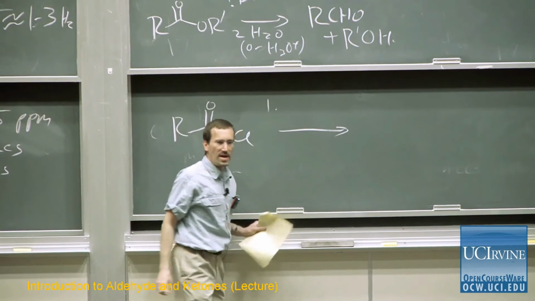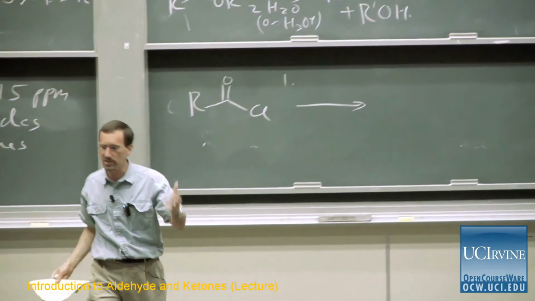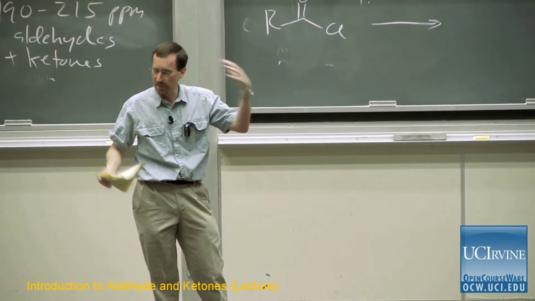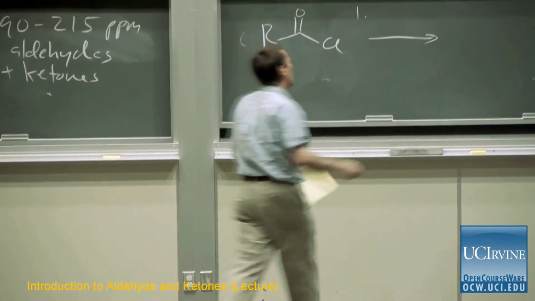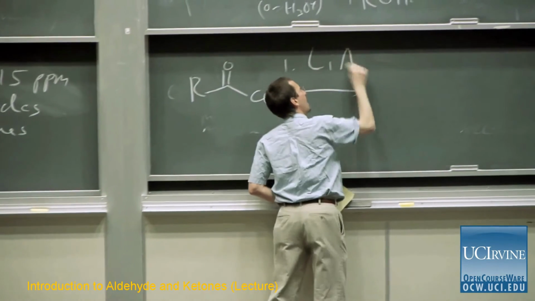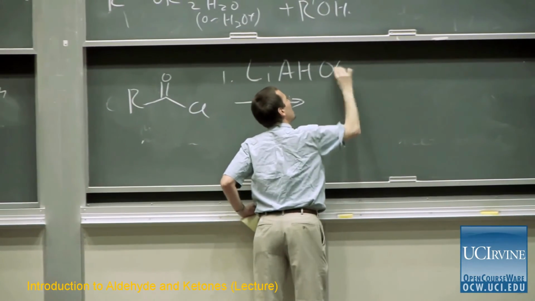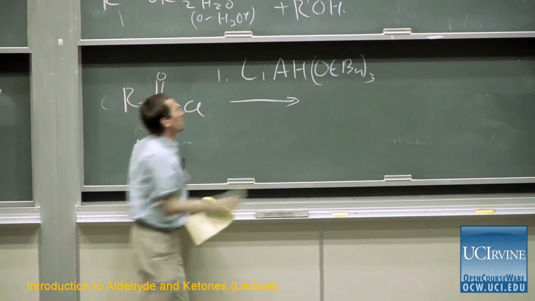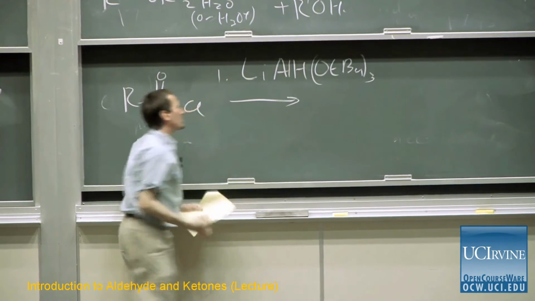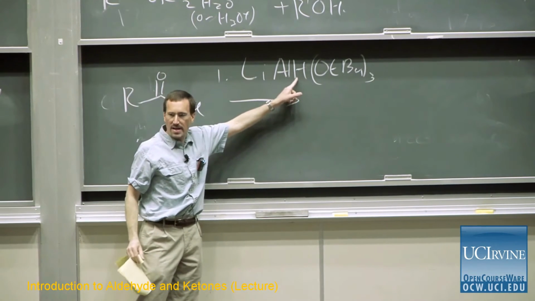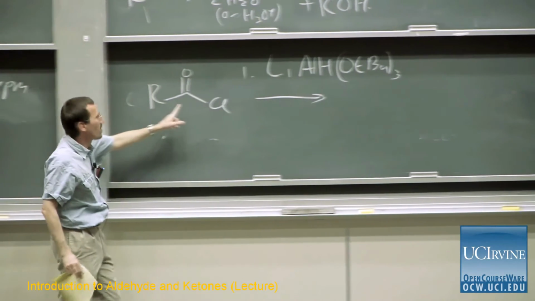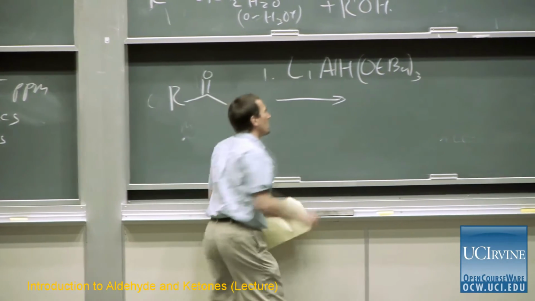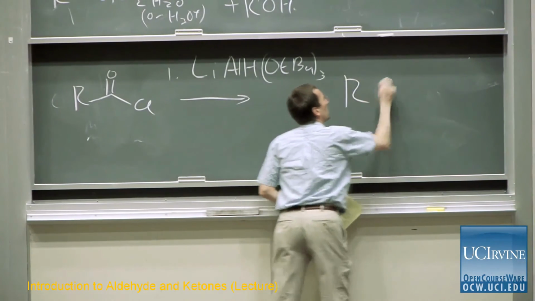Lithium aluminum hydride in which we've added 3 equivalents of tert-butanol to get this very bulky, very non-reactive lithium tri-tert-butoxyaluminum hydride, LiAlH(OtBu)3. This reagent barely wants to transfer hydride, but the hydride is nucleophilic enough that the very electrophilic acid chloride can be reduced selectively to the aldehyde.